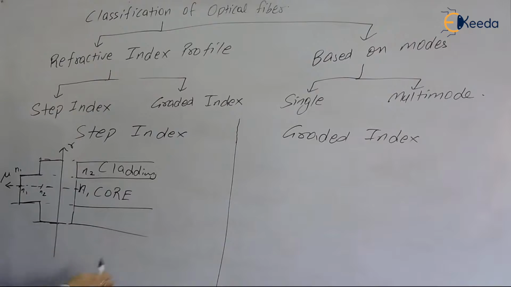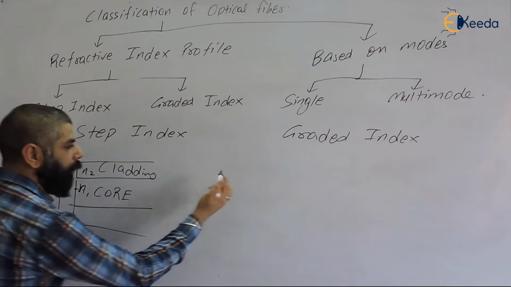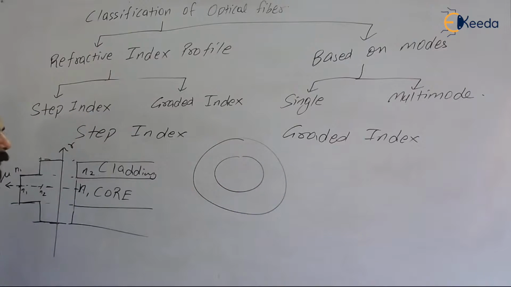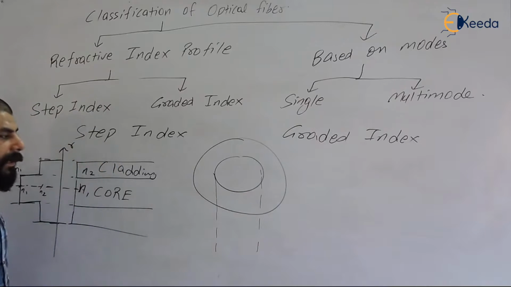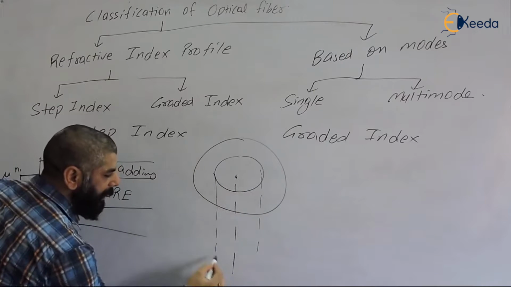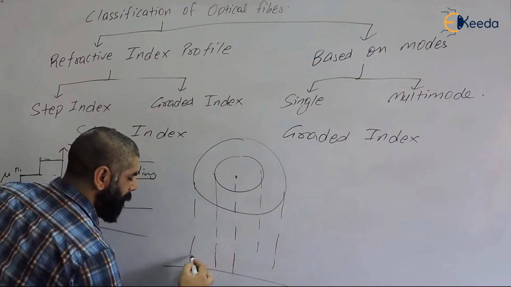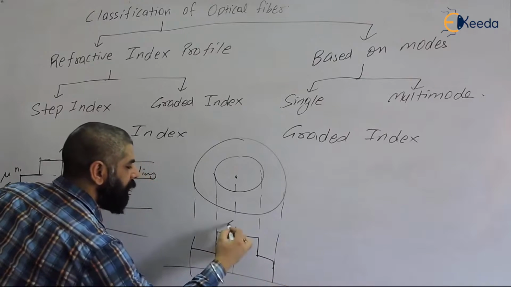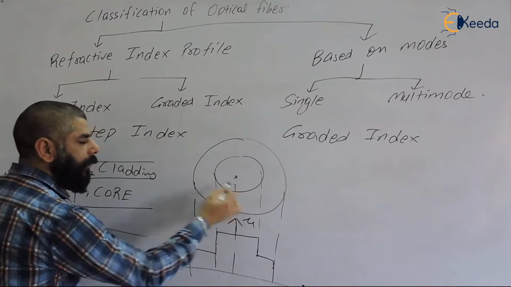From the cross-sectional view, this is our core, this is cladding. We are drawing the refractive index profile. This is the value of refractive index, this is the radial distance from the axis of an optical fiber.